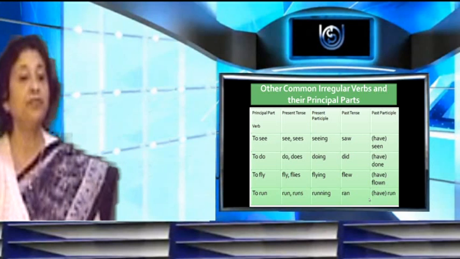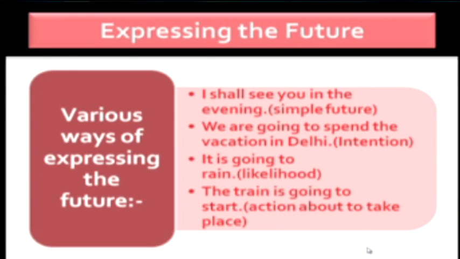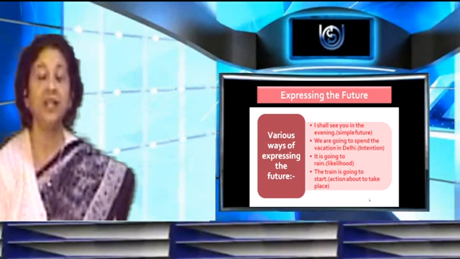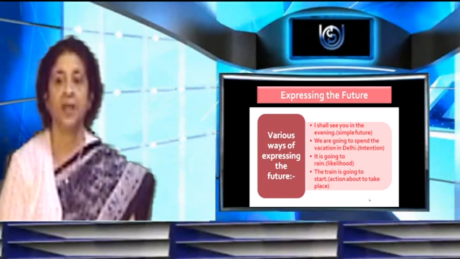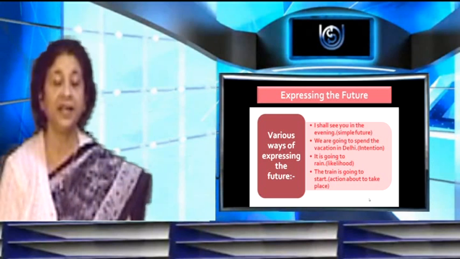Now expressing the future. One more thing is there: how to express future. It's not always will be or shall be, will have been. It's not always like that. How? I shall see you in the evening, that is simple future. We are going to spend a vacation in Delhi, that is intention.